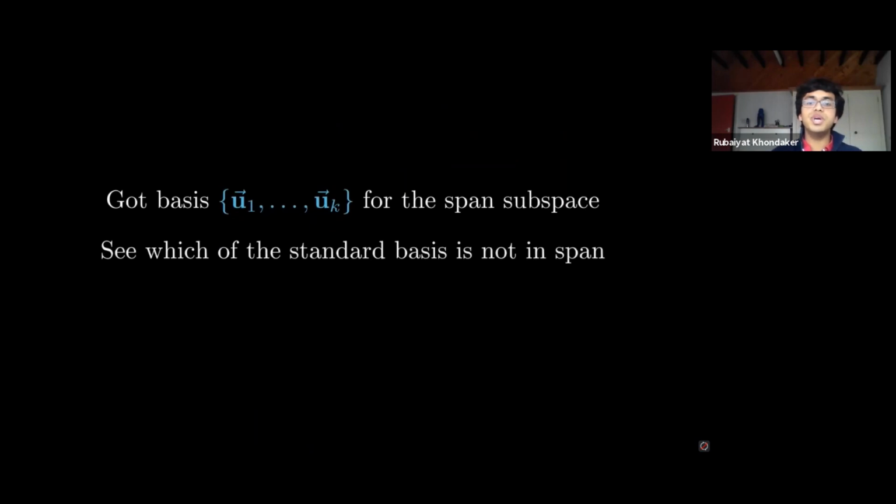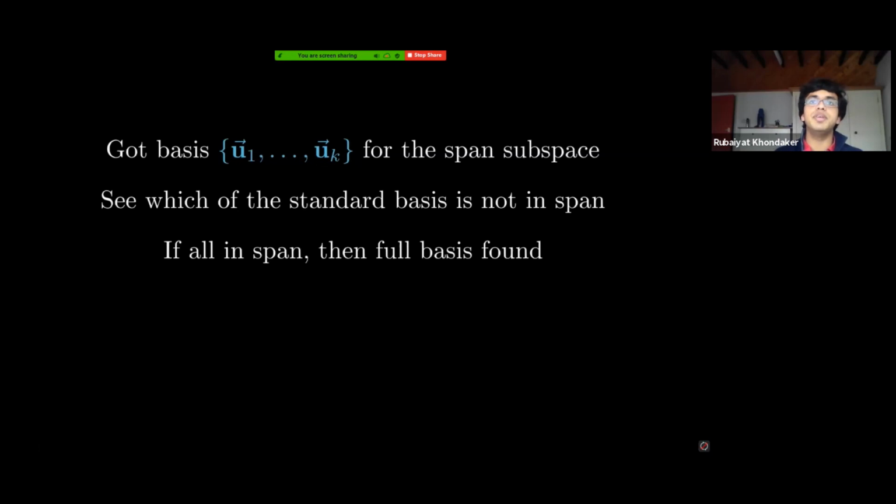In general, you've got your basis, which has been orthonormalized. You see which of the standard basis vectors, so 1, 0, 0, 0, 1, 0, and so on, is not in the span of u1 up to uk. And here's the thing. If they're all in the span, then you've found the full basis, because you can represent any vector in terms of the standard basis, and you can represent any standard basis vector in terms of u1 up to uk, which means you can represent any vector in terms of u1 up to uk, so it's a basis for the whole space.